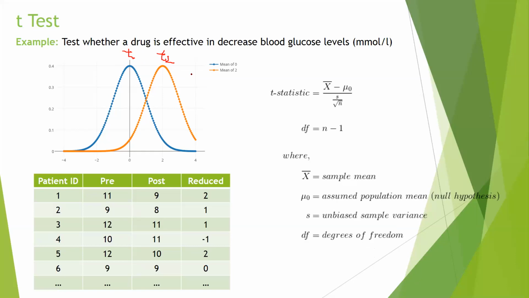We are interested in testing whether the additive effect or the dominant effect is equal to 0 or not. So here we want to test whether this d value is equal to 0 or not. So this is our test, right?